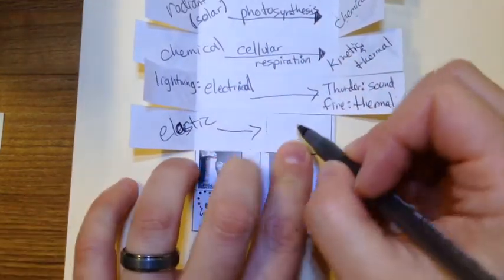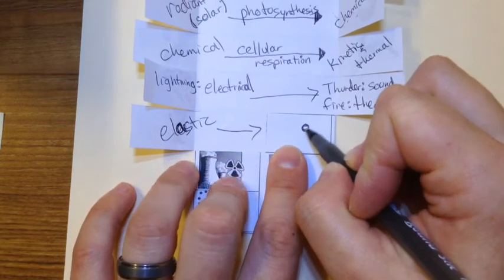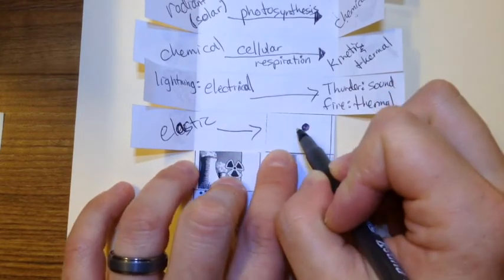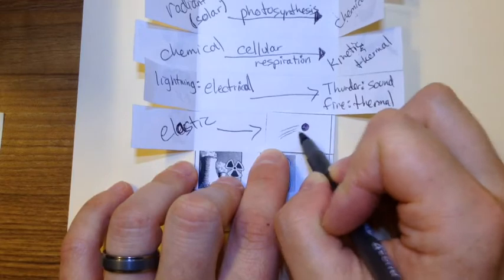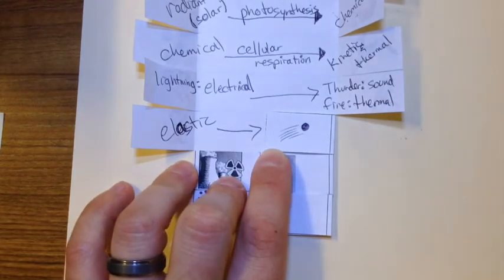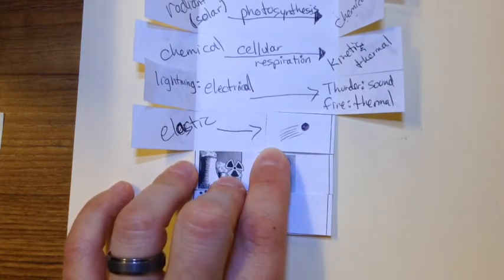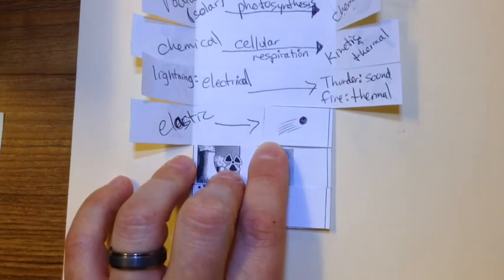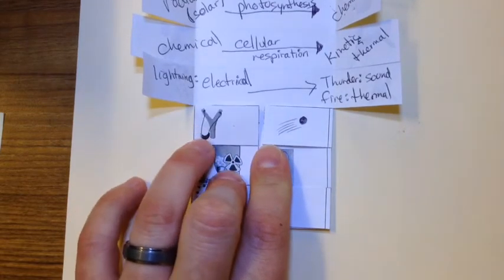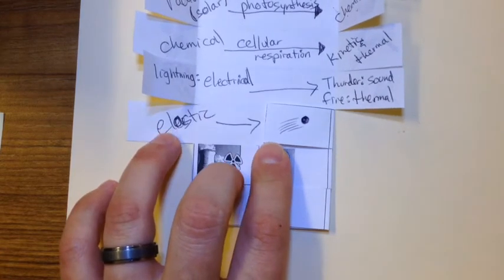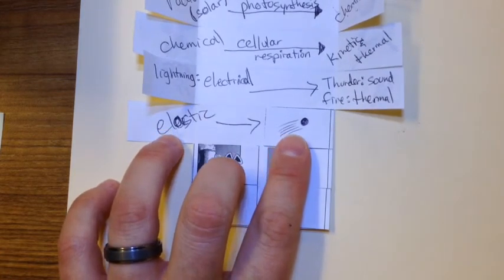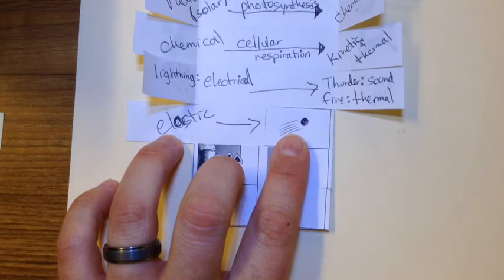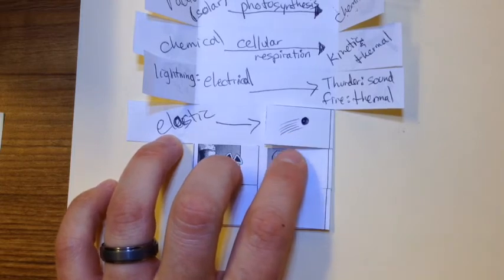Okay, and now this is the picture I couldn't find. Draw some sort of a rock, and then draw it flying through the air. Okay, so when you let that elastic energy go, it transforms, it makes the rock go flying through the air.